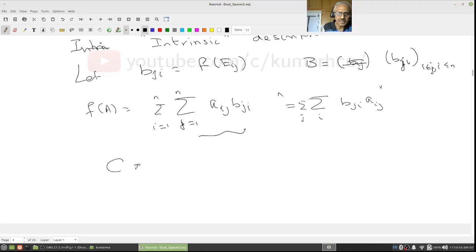If C is the matrix AB, what is the ith diagonal entry? The (i,i) entry is given by summation over j of a_ij b_ji. You understand this?